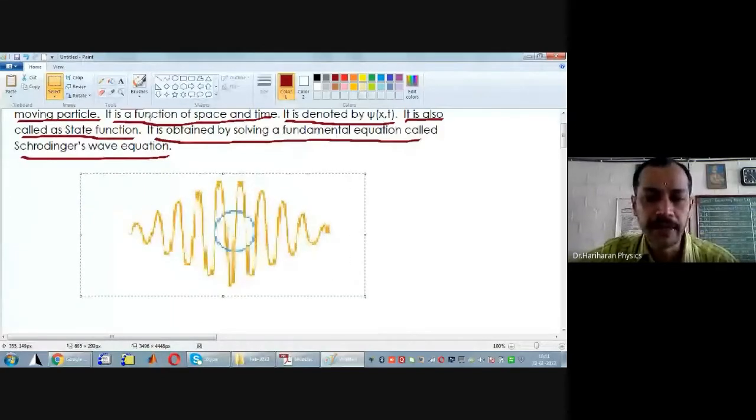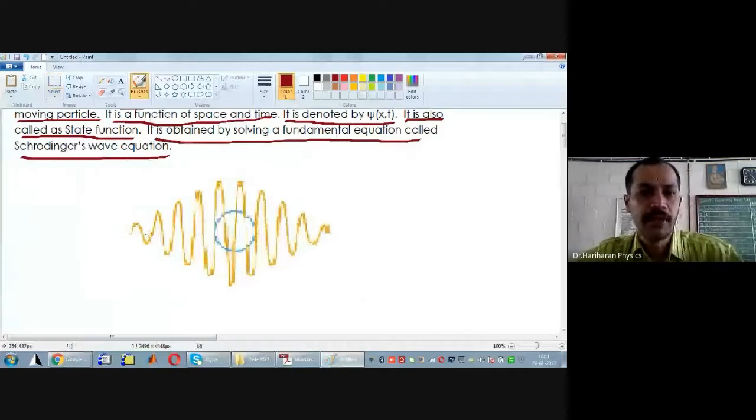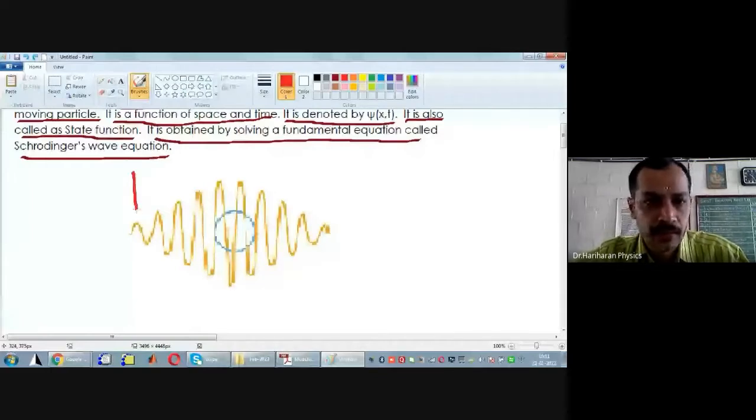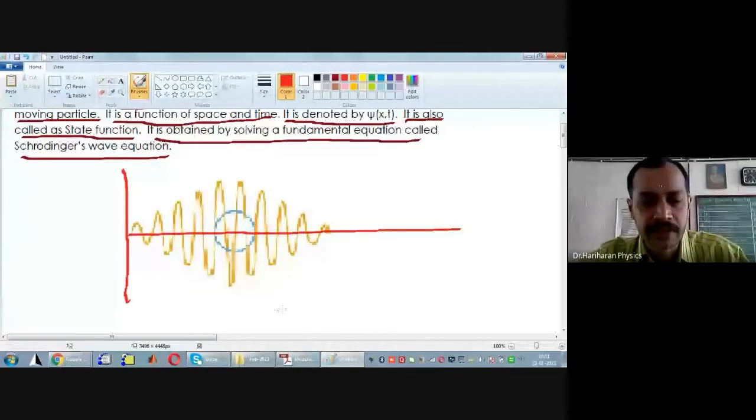Look here. Suppose this is a matter wave. Suppose I use red color, and I fit a coordinate system to this. This is the y-axis and this is going to be the x-axis. Suppose I denote this length as the de Broglie wavelength, for example lambda 1.